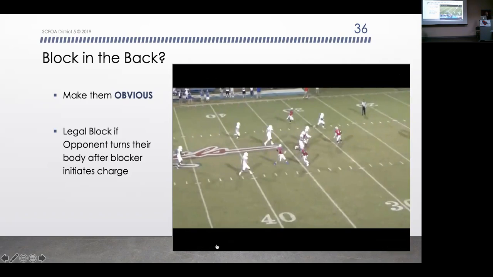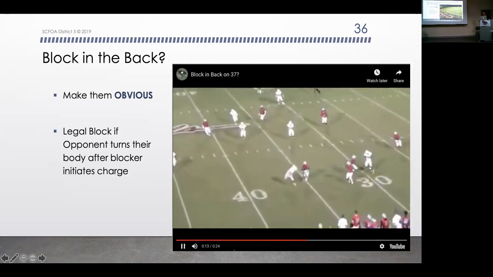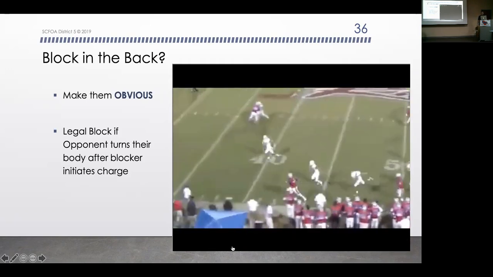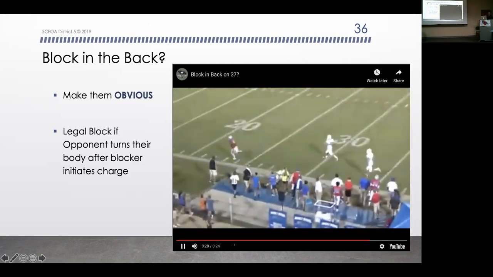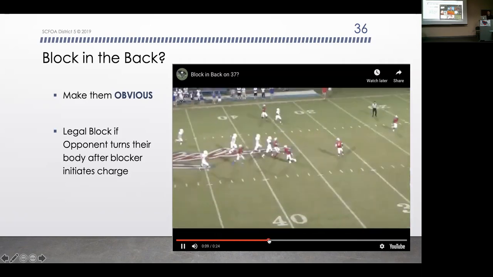Do you think he saw that entire block? No. I don't think he saw the defensive player stumbling, or the cage player stumbling, before there was any sort of contact. So I would not consider that to be an obvious block in the back, and I think we probably should be letting that one go.